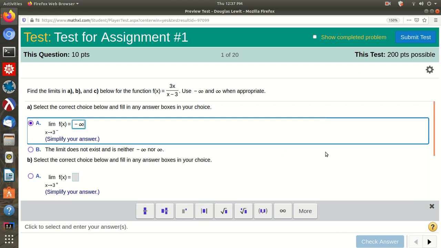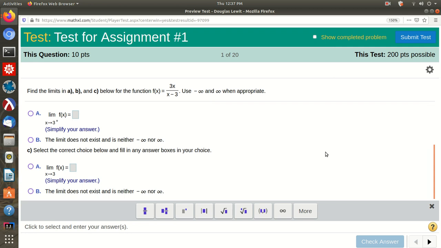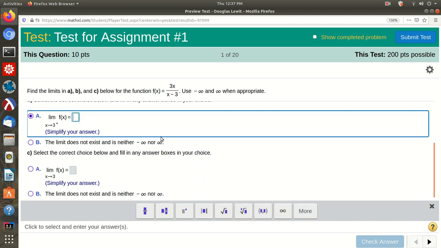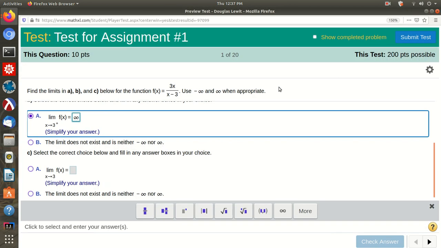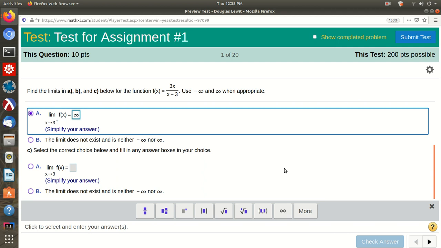And here, as x approaches 3 from the right, we know that the limit is simply positive infinity, and we can see that just by looking at the picture. And for C, select the correct choice below and fill in any answer boxes.